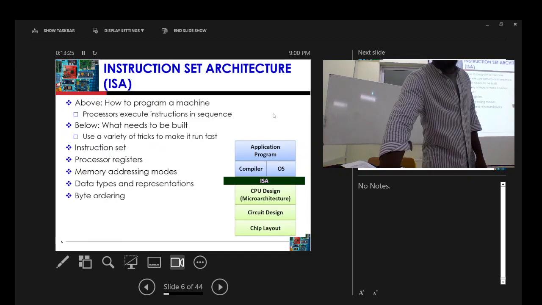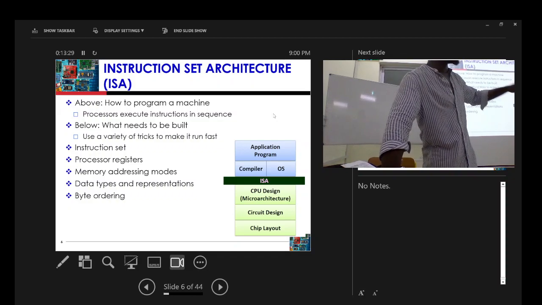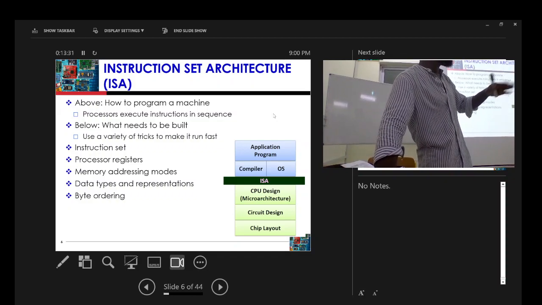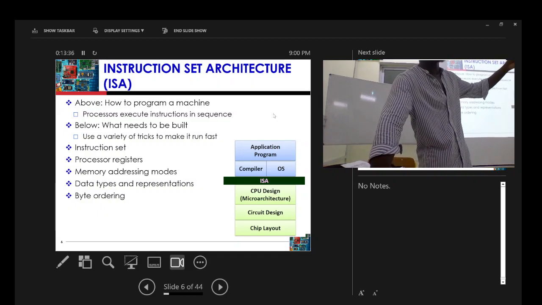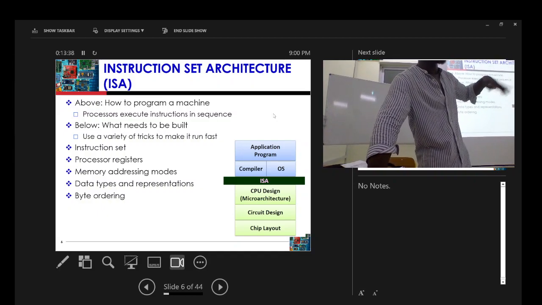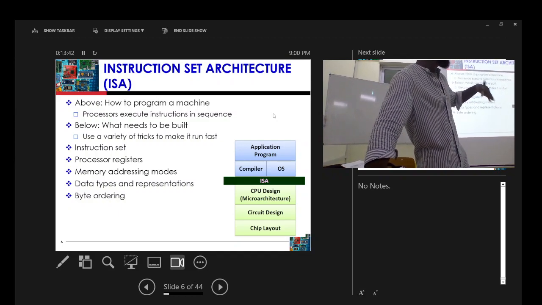Right. So I think I said last time that we are studying the ISA, and what is on top of the ISA is the C programs or the Java programs we write. But what we are studying is the ISA, and what is below it. Not even down to the circuit level. We are studying the ISA and the CPU design, probably the circuit design.